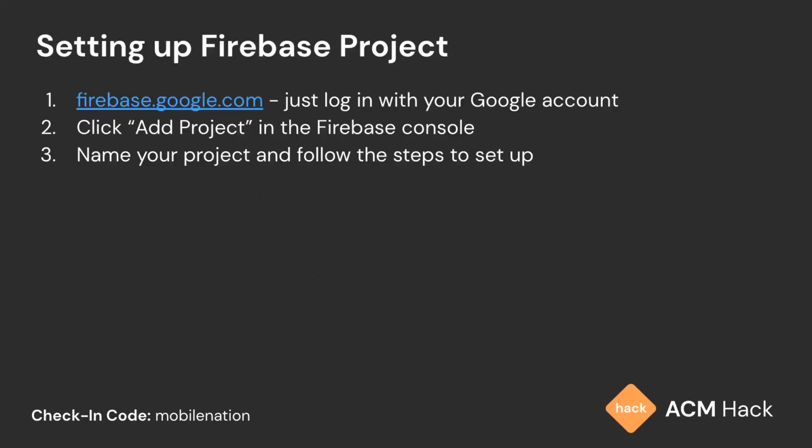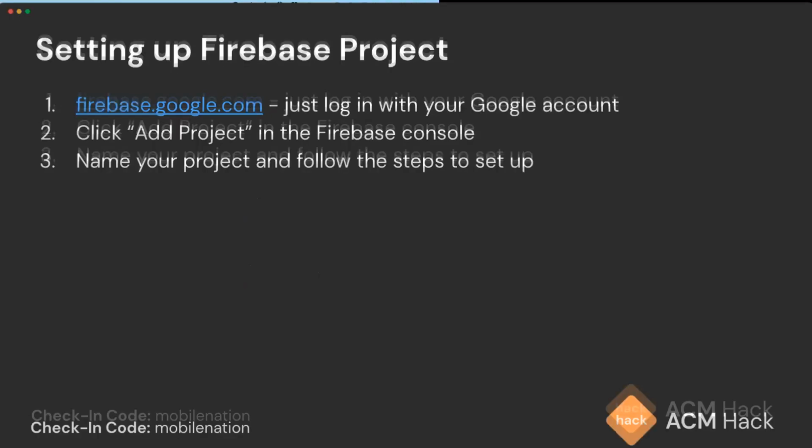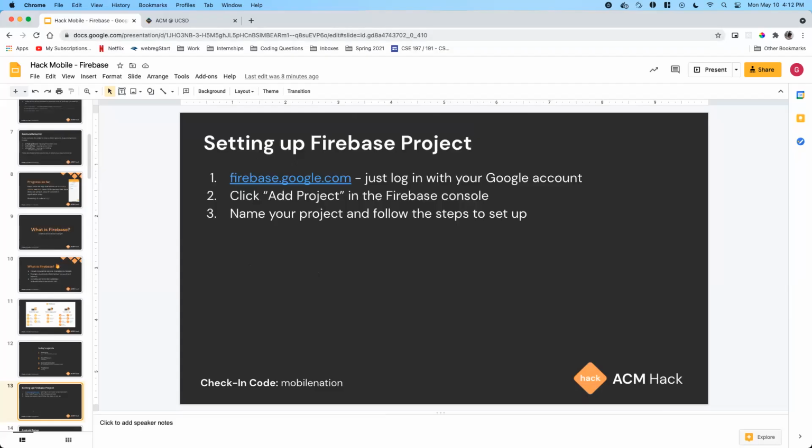Anyway, so setting up a Firebase project. You're going to start with going to firebase.google.com and logging in with your Google account. I'm just going to do that real quick, just to demonstrate.